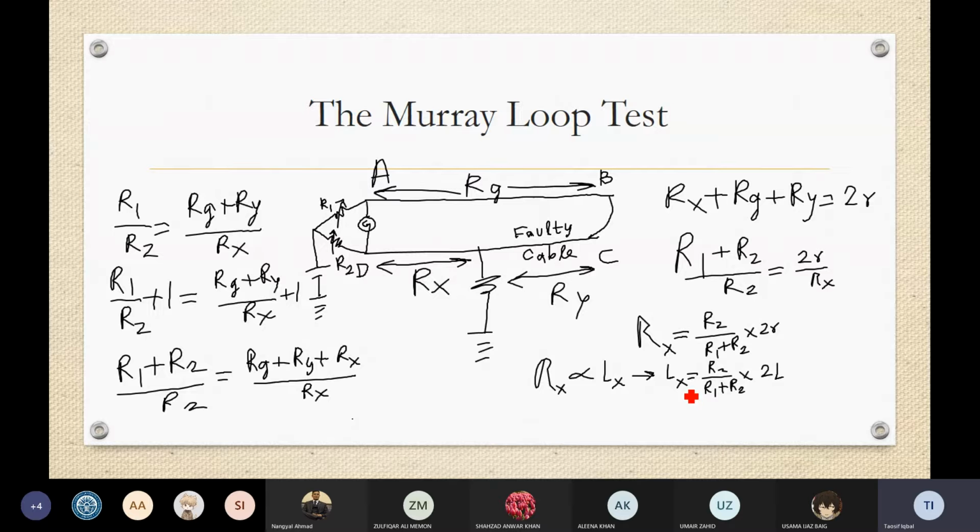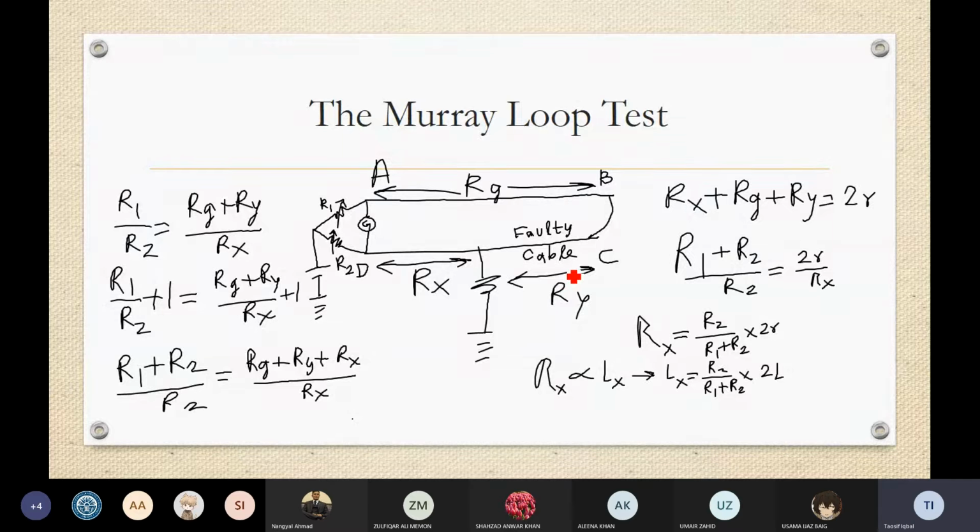But sometimes the cable length is obviously higher than some kilometers, or maybe more than that. So in that case, we may not know the exact value of the resistance.